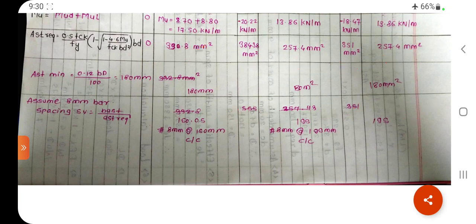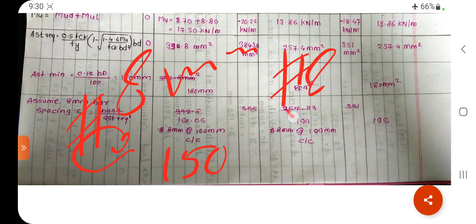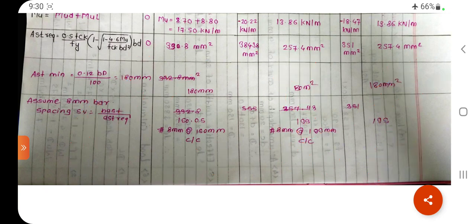So we provide 8 mm bar, here it is 150 mm center to center, here 8 mm bar 195 mm center to center, here also 8 mm bar 195 mm center to center.